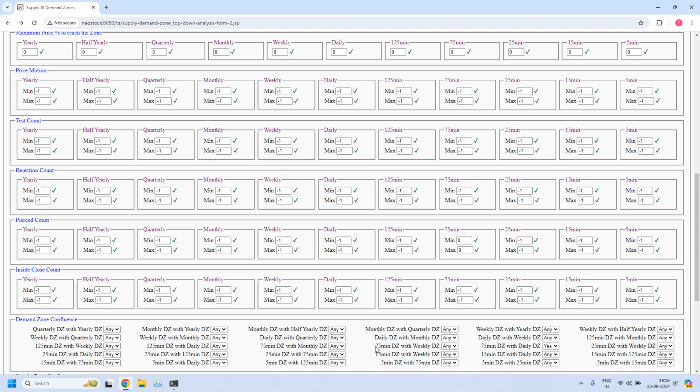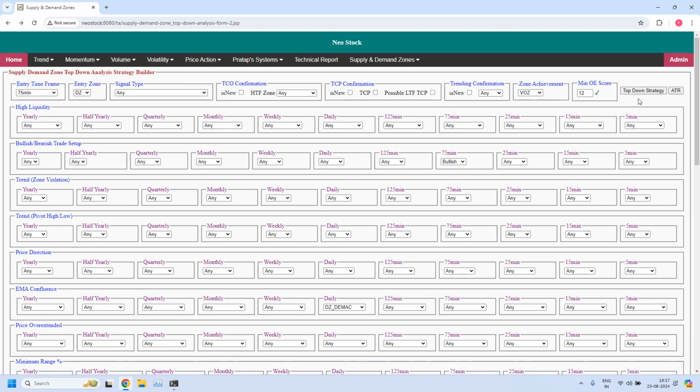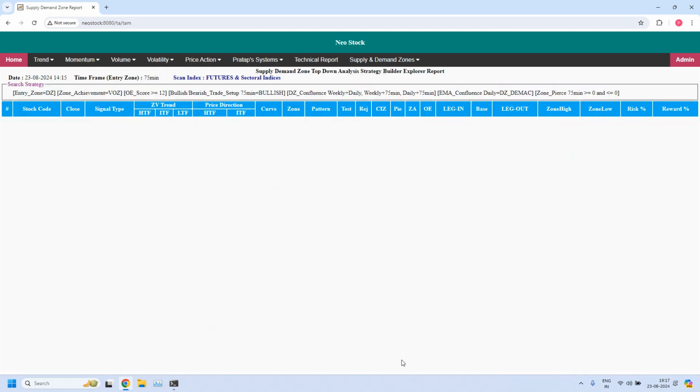Now the 75 minutes demand zone with weekly, I am enabling. Next, daily and weekly demand zone is also enabled, all the three. With all the three filters, let's filter the stocks. So none of these zones are having confluence with LTF, ITF, HTF, but LTF and ITF are already filtered in the previous report, and they are also having EMA confluence.